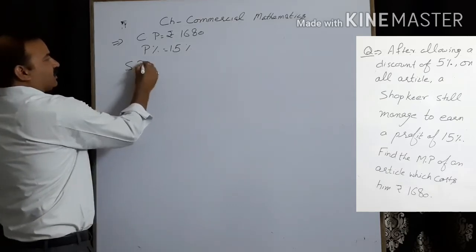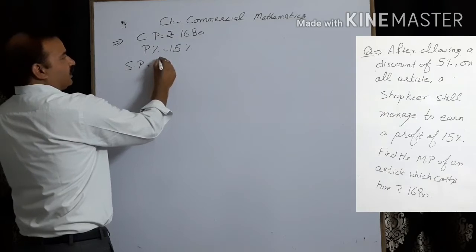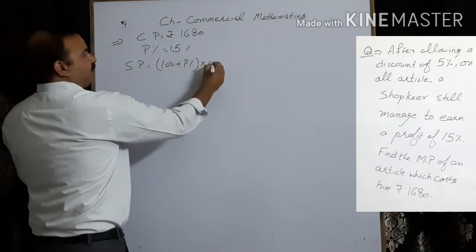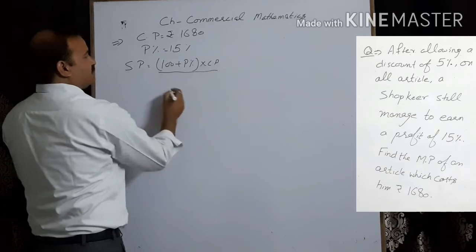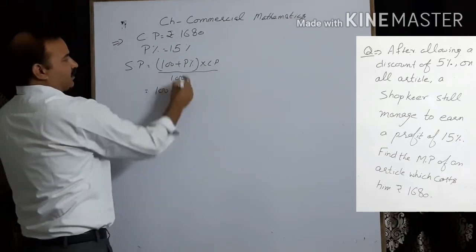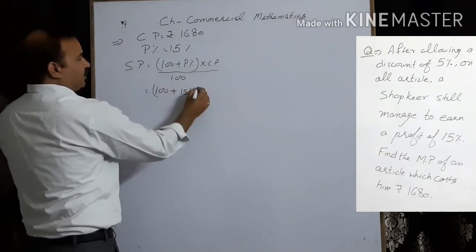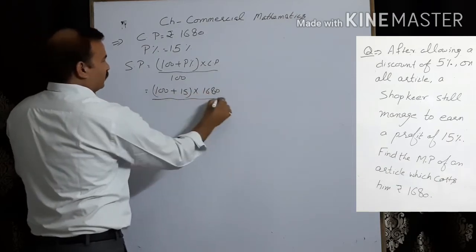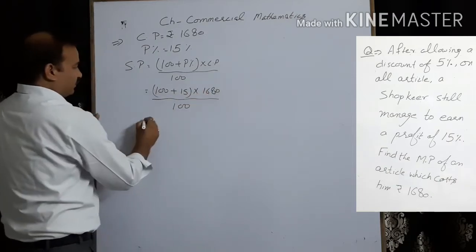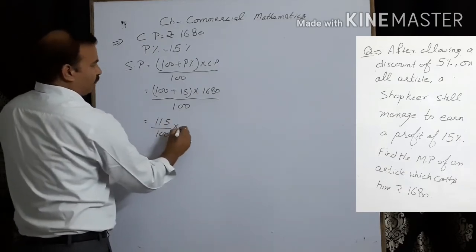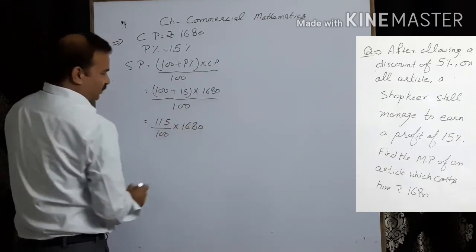The formula for the selling price is (100 plus profit percent) multiplied by CP upon 100. So this will become (100 plus 15) multiplied by 1680 upon 100. This will be 115 by 100 multiplied by 1680.